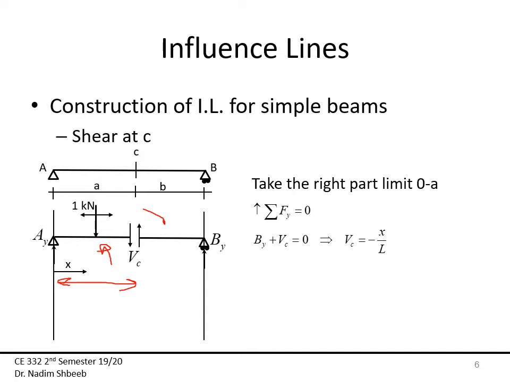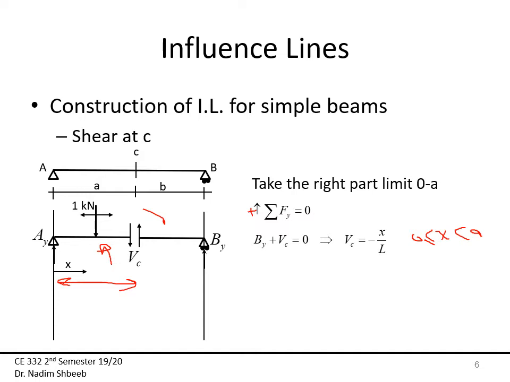So here, if I take this part, I took the summation, then BY, upward being positive, of course, BY plus VC is equal to 0, then VC is equal to minus X over L. Again, the limit of X is going to be from 0 to A. So let me refine that: X is more than 0 and less than A. Okay, so that's the range.